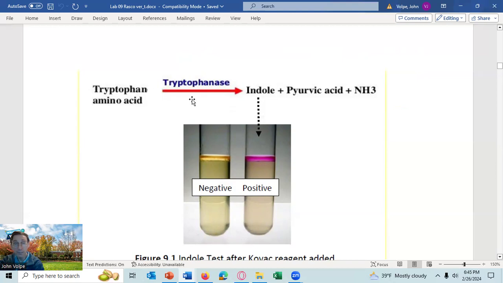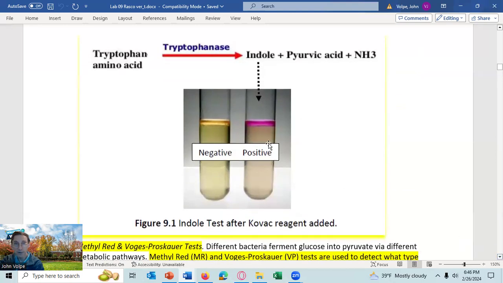In the presence of tryptophanase, you produce indole, which can react with Kovacs reagent to create a cherry red color. And as you notice, that's not very cherry red. I think that's partly the photograph. That kind of looks like more of a purple color, but that's indole positive, and normally it's a cherry red color. And then the negative will remain a yellowish color. Any question about the indole test?